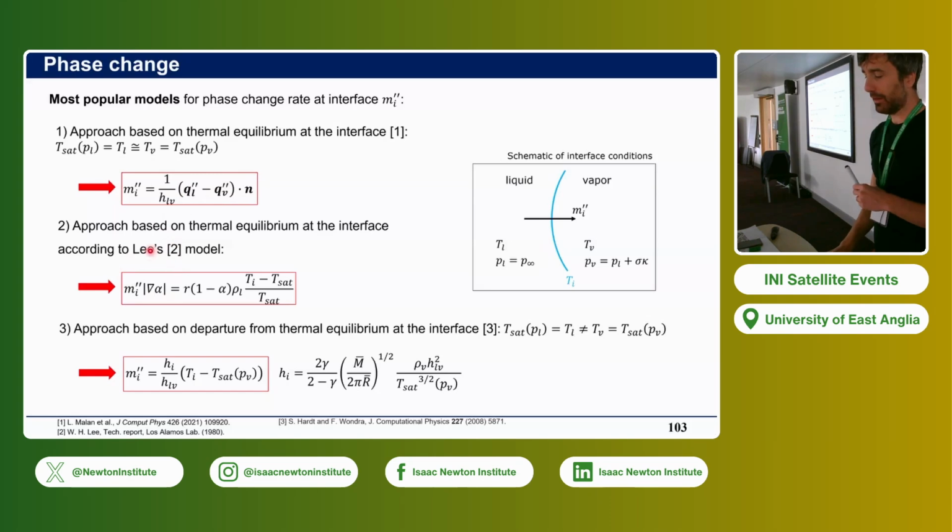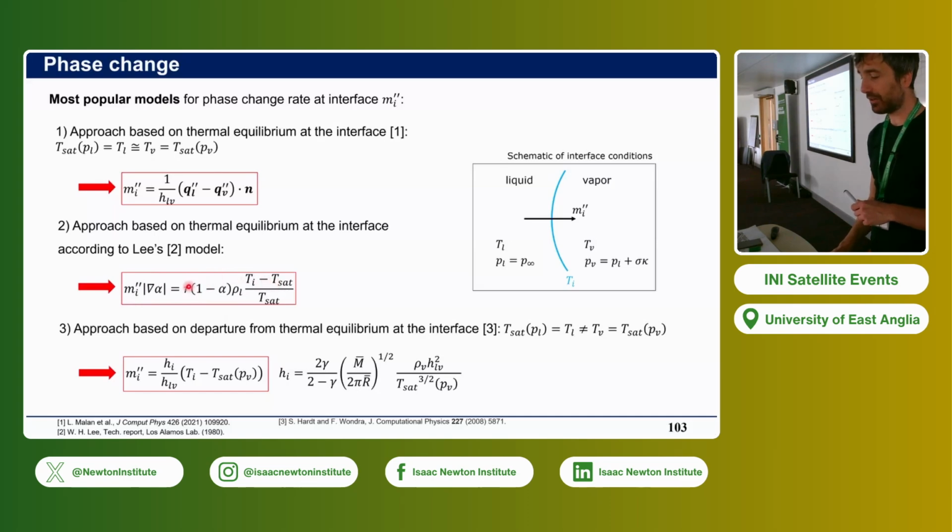Method 2 is implemented in many commercial solvers, and it doesn't really have any physical background. It simply calculates the rate of phase change proportional to the temperature of the interface minus Tsat.